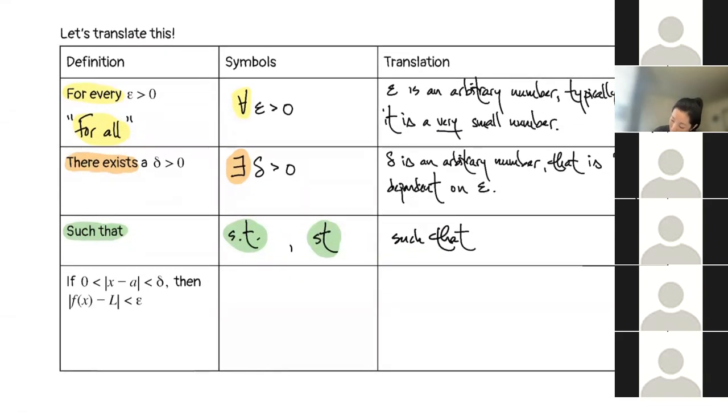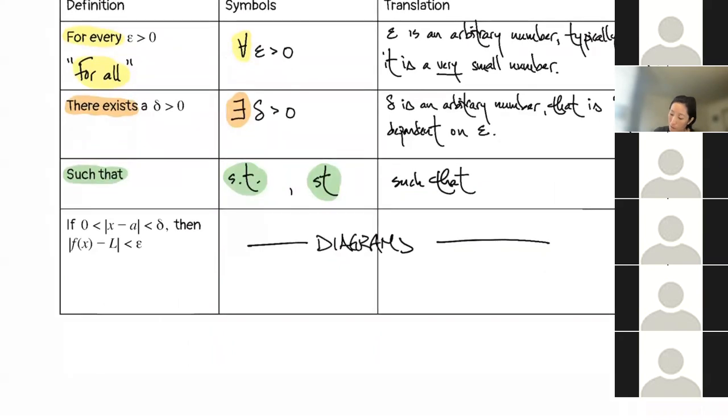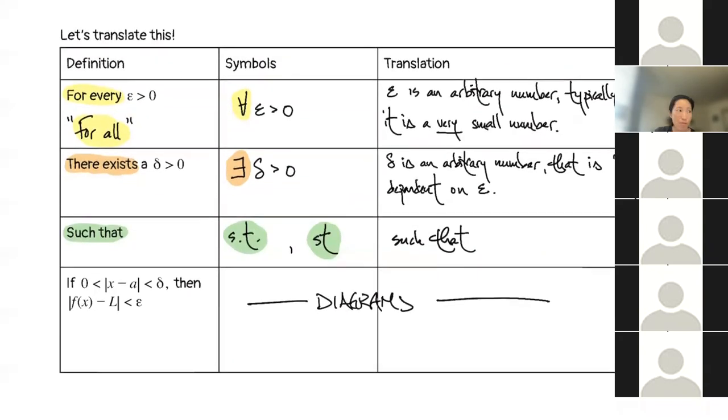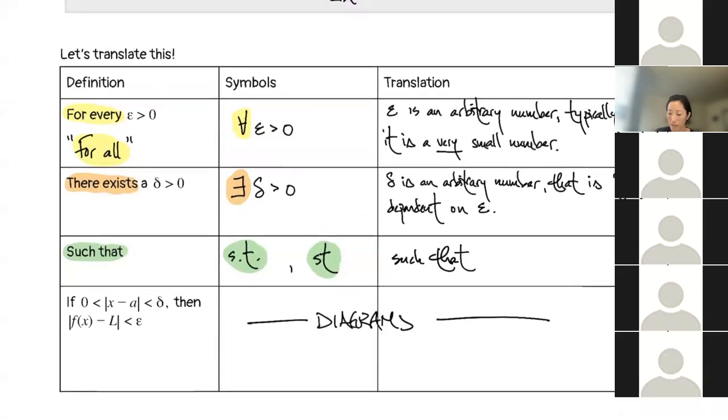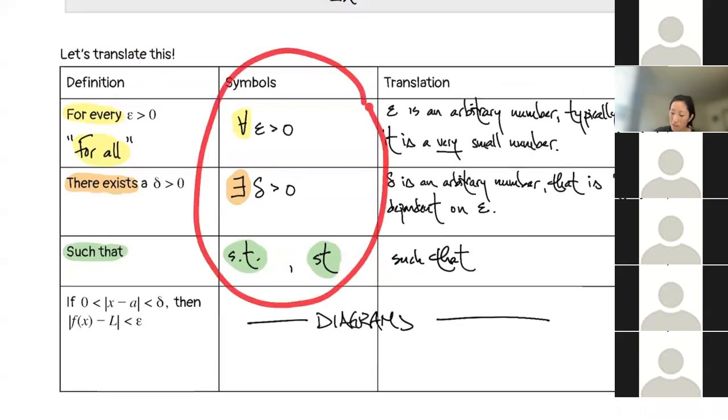And let's use some diagrams to help us understand what that's actually asking. Okay. So let's go ahead. We're going to move to the next page and take a look at what this looks like graphically. Okay. Remember, the symbols here are completely optional.